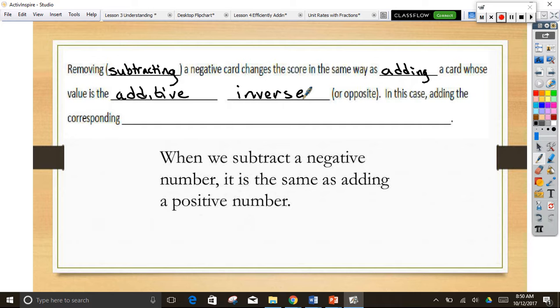In this case, adding the corresponding positive such that, using some really nice mathy language here, 4 minus a negative 2 gives us the same answer as 4 plus 2. And if it hurts your brain to read all of that, here's the simplified version. When we subtract a negative number, it is the same as adding a positive number.